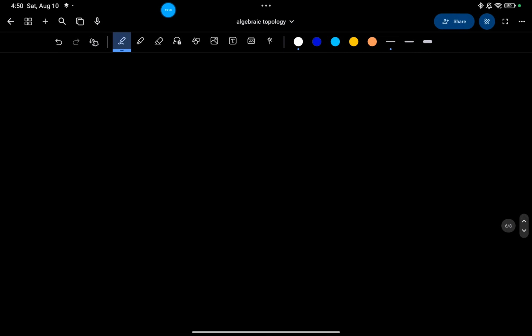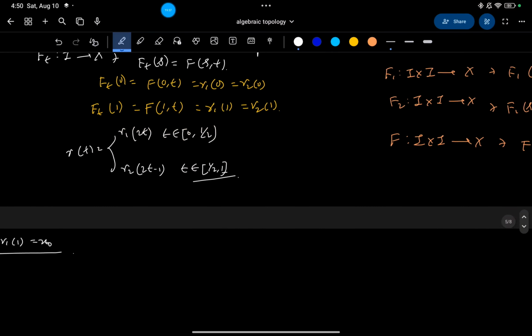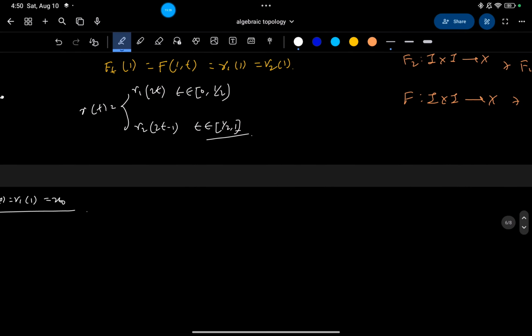All right, and in the case of loops, as a loop is also a special kind of path, you can define the path homotopy between two loops. For example, gamma 1 of 0, gamma 1 of 1, gamma 2 of 0, gamma 2 of 1 are all a particular point x naught, and the rest of the properties should hold. Just the picture representation will be somewhat different. Suppose we have one loop, then the homotopy should be like this.